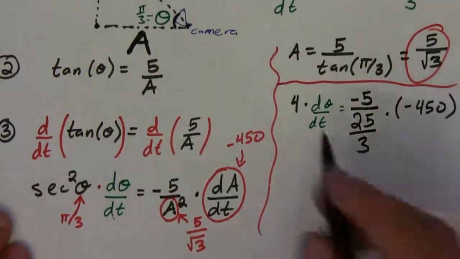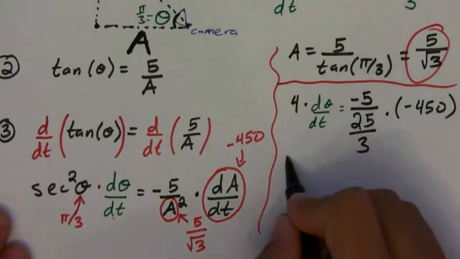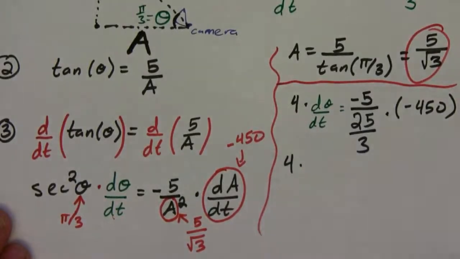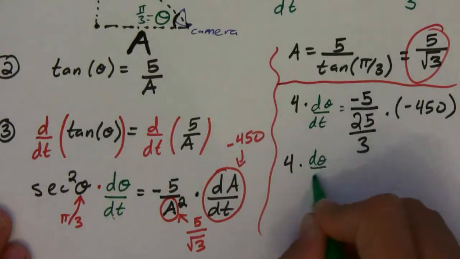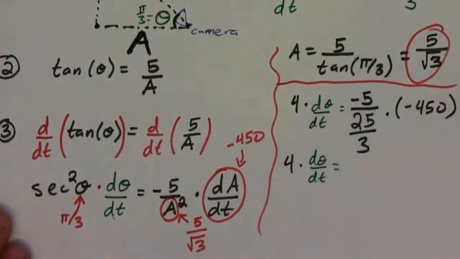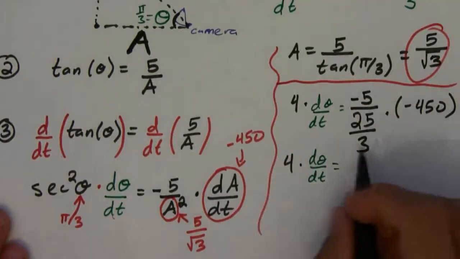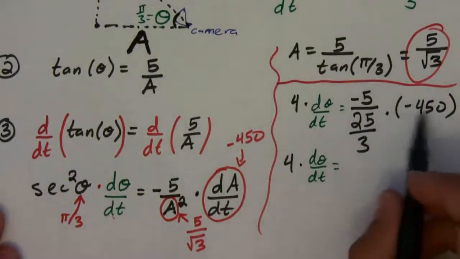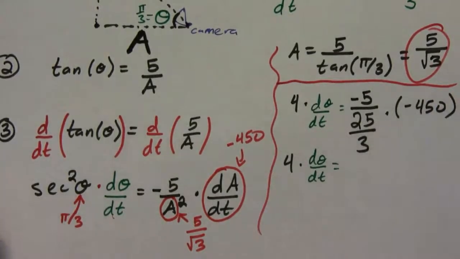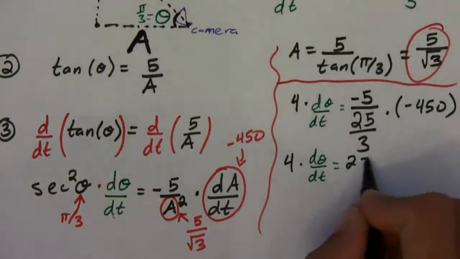Okay, and so then I get 4 times, just a little more algebra here. If I do my tortilla rule and multiply all this out, I'm going to get 270.